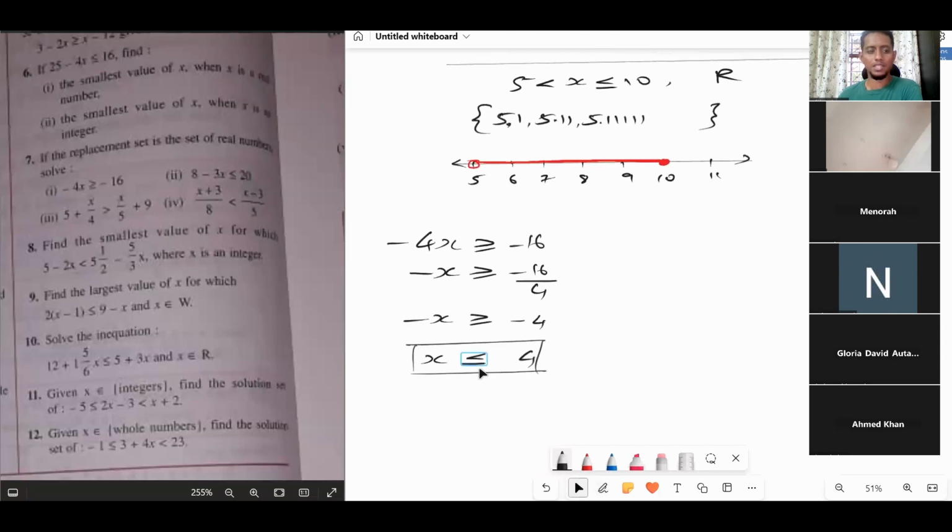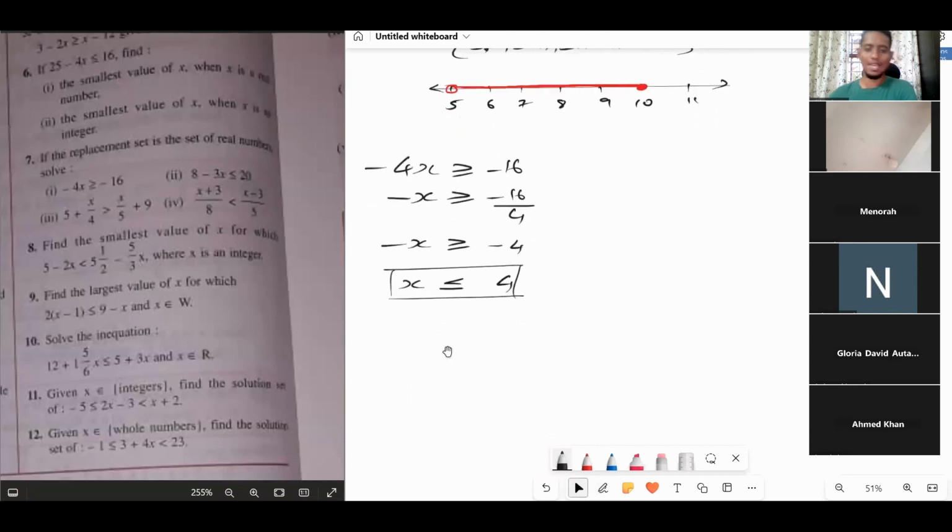Now, how do you represent this on a number line? They have not asked here. Okay. But if they ask you, how do you represent x less than or equal to 4? Less than or equal to 4 means 4 is included. So we'll start with 5, 4, 3. Until where does it go? Do we stop at 0? No, they are real numbers.